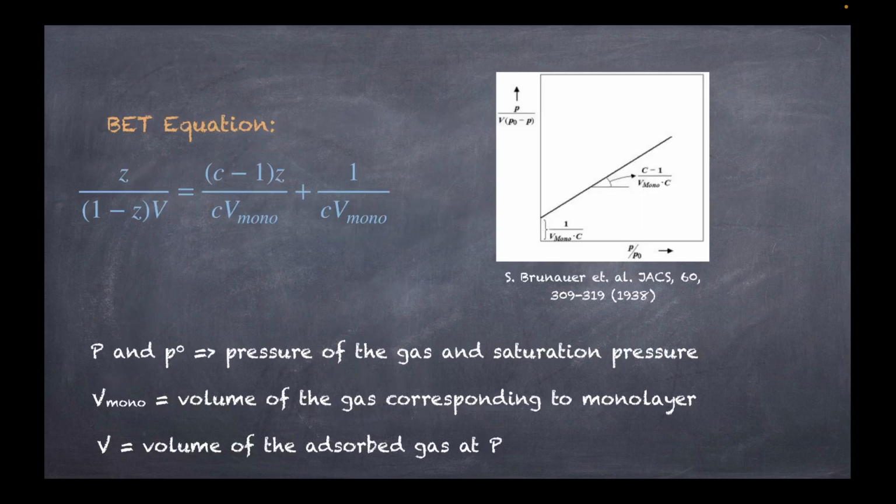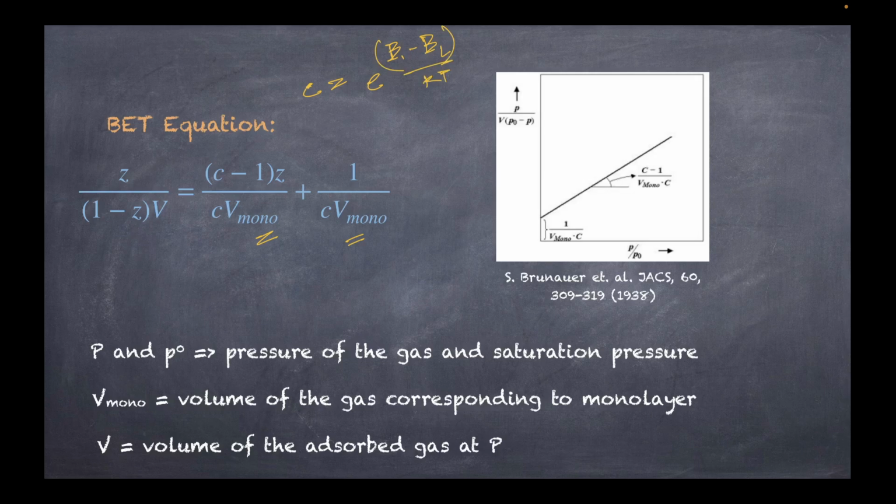The BET equation is Z divided by (1 minus Z) times V equal to (C minus 1) times Z divided by C times V monolayer, plus 1 divided by C times V monolayer. C is a constant, and C is basically exponential of (E1 minus EL) divided by RT, or kBT. What is E1?